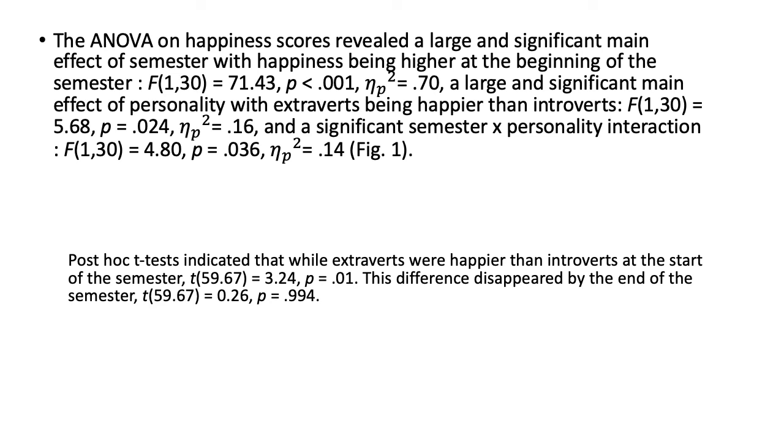So that's significant. This difference disappeared by the end of the semester, so that's end extroverts and introverts. That T statistic is 0.26. It also has 59.67 degrees of freedom, and its p-value is 0.994. So that's how you do it. That's how you make it work.